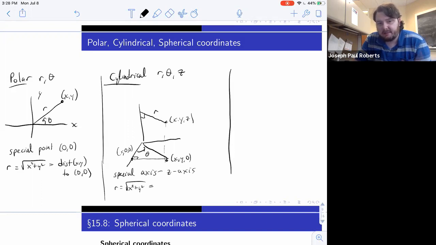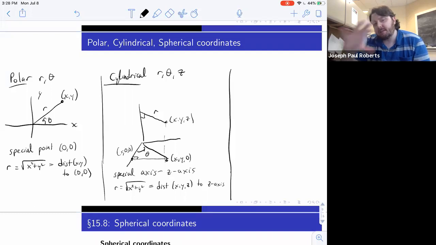It represents distance to the z-axis. So this is the distance from x, y, z to the z-axis. So the equations stay the same, but the concept of cylindrical, actually, when you think about it, is a little bit different from polar. We don't have a special point, we have a special axis, and this variable r denotes the distance to the special axis. Okay.